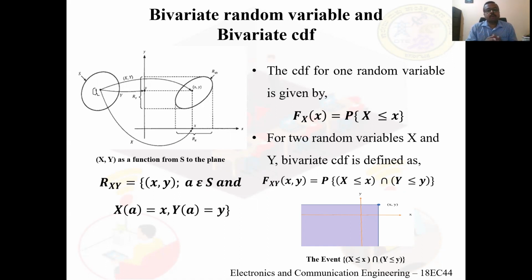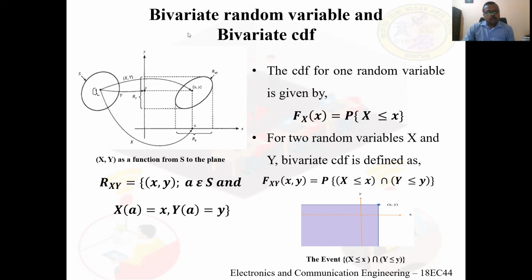One more example could be like working simultaneously with the signal random variable and noise random variable. Consider the signal random variable as X and noise random variable as Y. Then these two random variables considered at once, the signal and noise, we call it what? Bivariate random variable. Right?